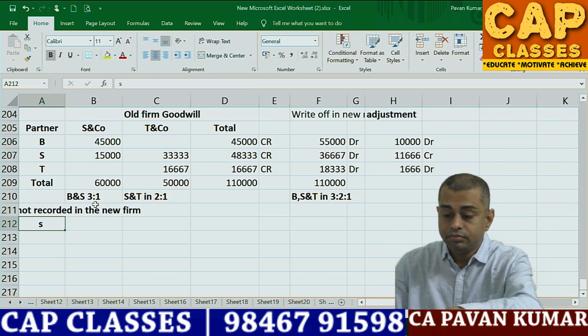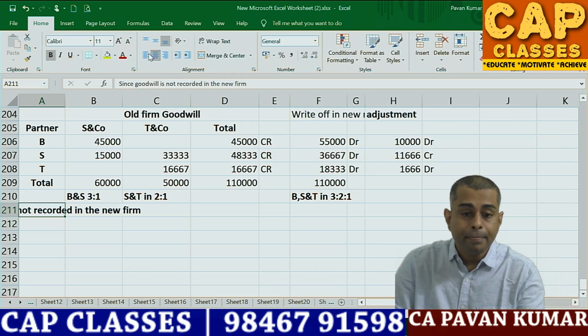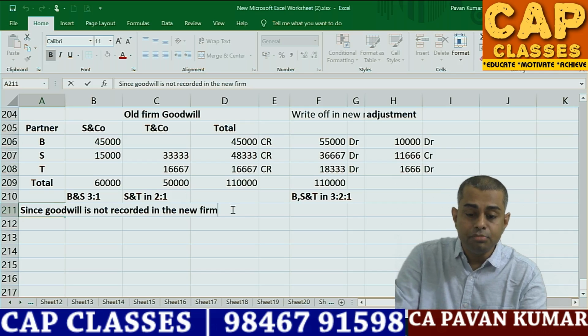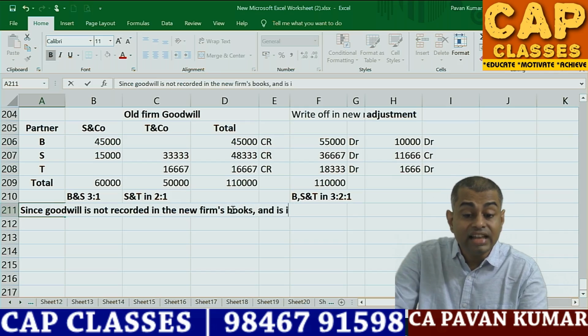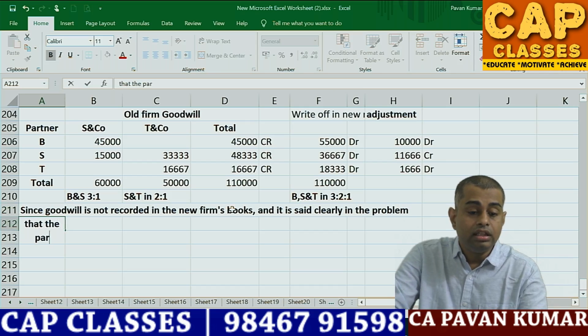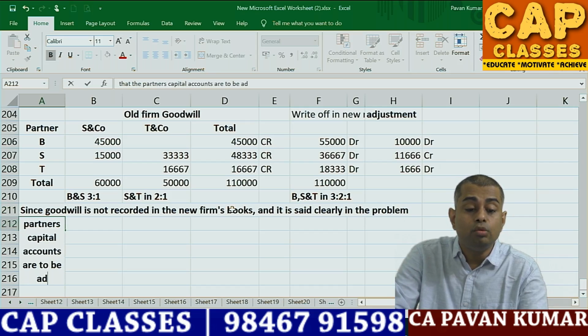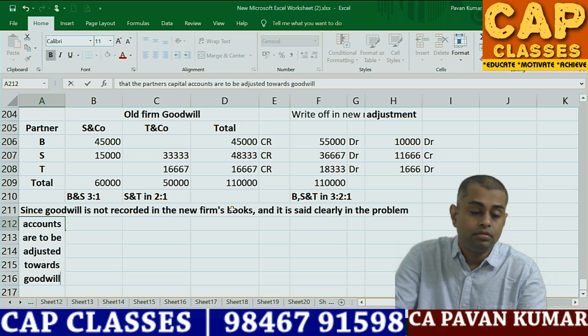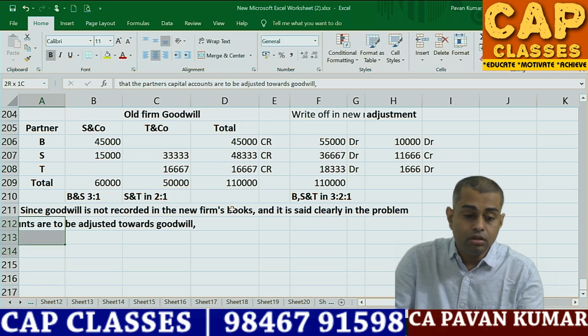So since goodwill is not recorded in the new firm's books, and it is said clearly in the problem that the partners' capital accounts are to be adjusted towards goodwill, what are we supposed to do?